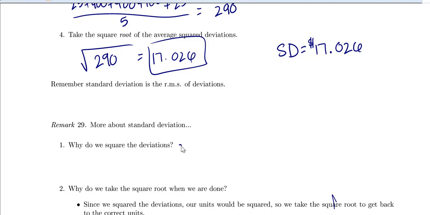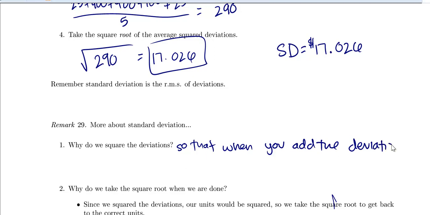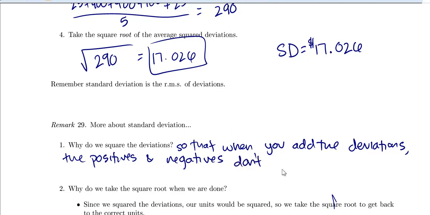So we square the deviations so that you only get positive numbers, so that when you add the deviations, the positives and negatives don't cancel each other out. So that's why you square the deviations.